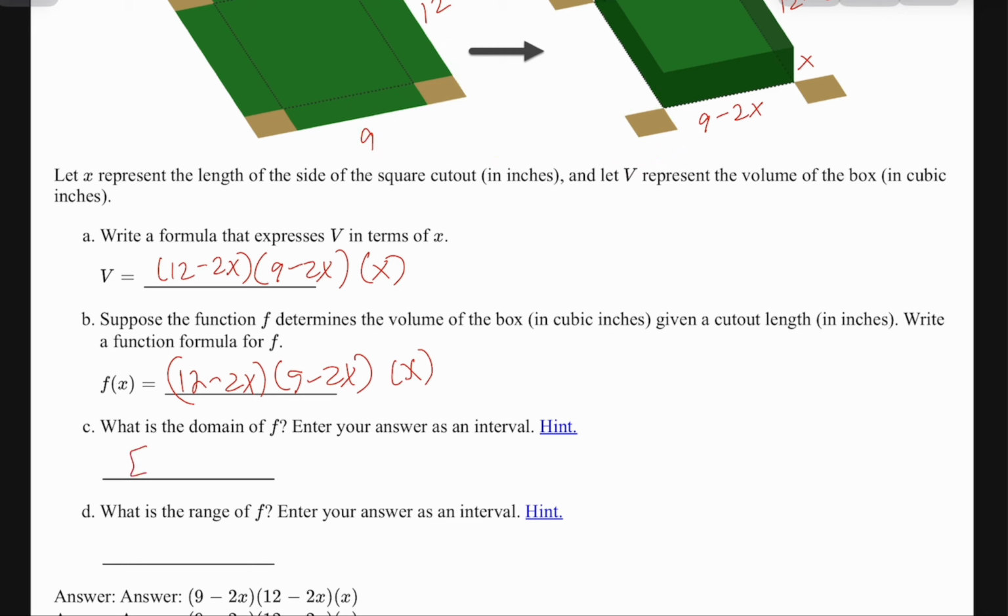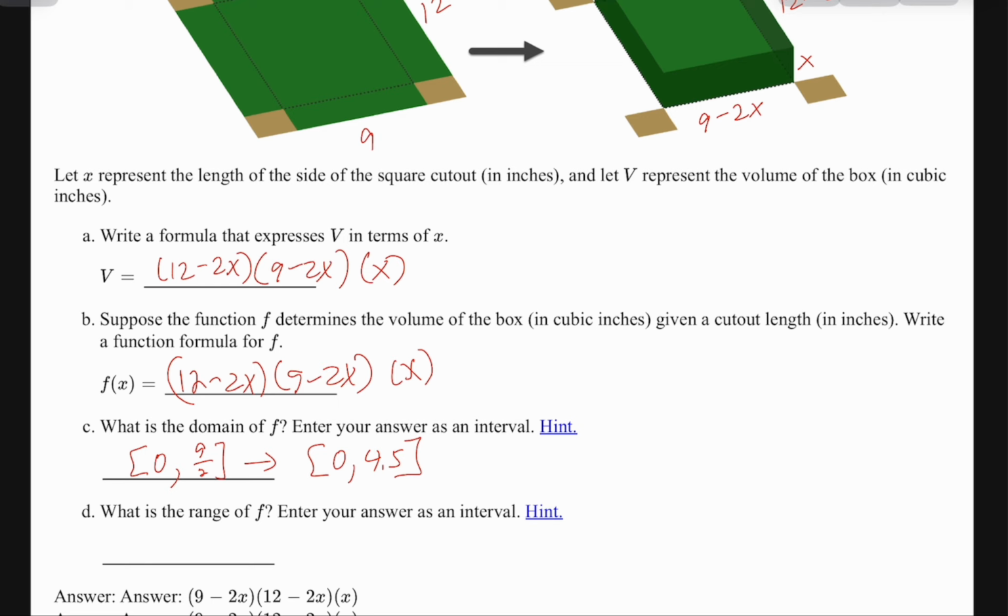So it can be anywhere from 0 up to half of that value divided by 2. Or in my case, 0 up to 4.5. You put them in brackets because I could cut out nothing. I could cut out 4.5. Now my volume is 0 in both of those spots, but still it is something I could do. So it is a legitimate answer.